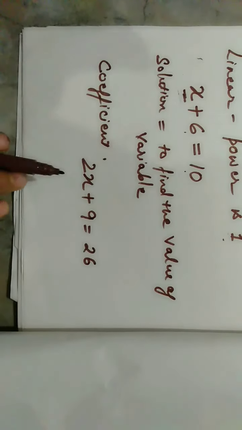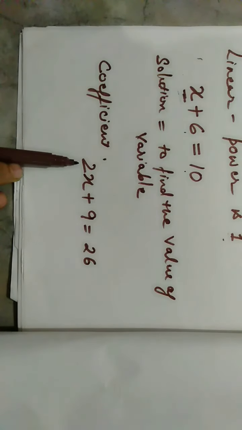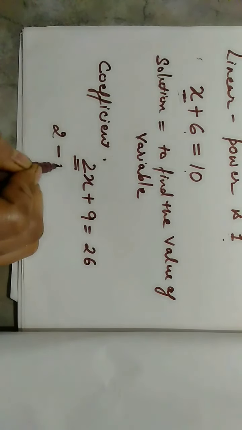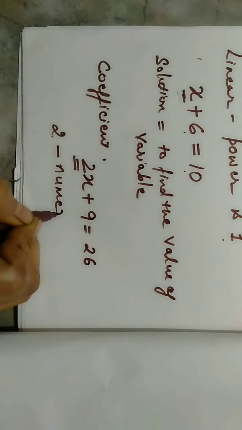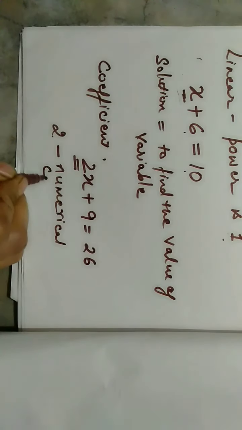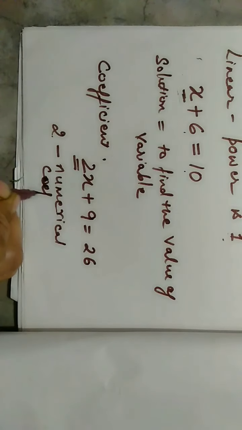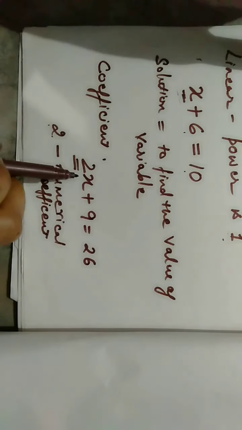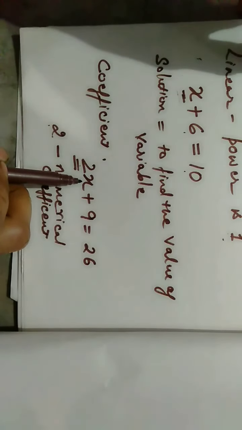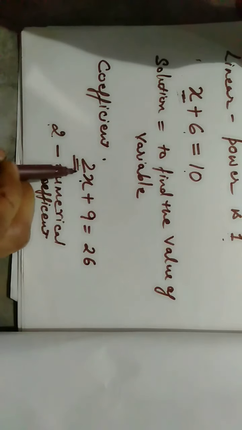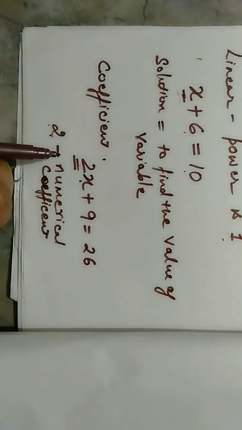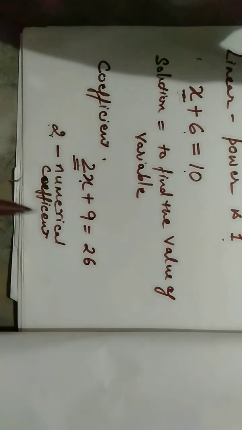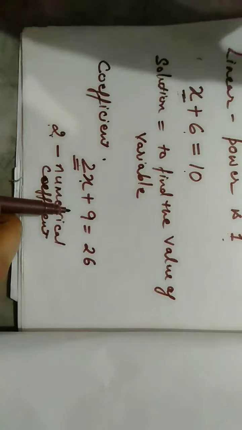Now in this equation, x is multiplied with 2. So 2 is said to be the numerical coefficient of the variable x. Now there are methods to find out the solution of the equation.